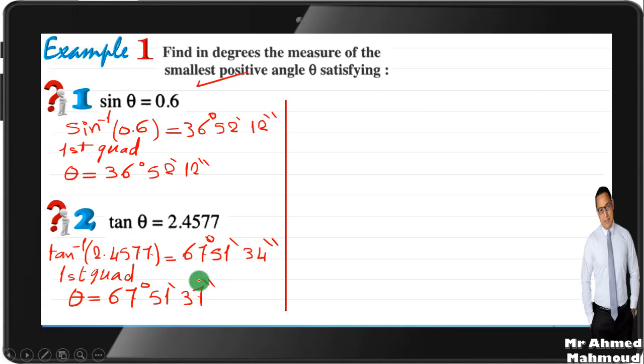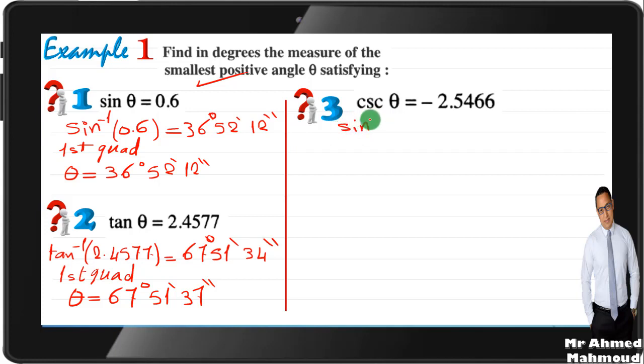34 seconds. Okay, number 3, cosec theta equals negative 2.5466. I can't write cosec directly in the calculator, but I can write it in terms of sine. How come? Like this. I'm going to write shift sine, and when we write the angle, we write the positive value as a positive measurement, 2.5466. But to change sine into cosec, I will write power negative 1.